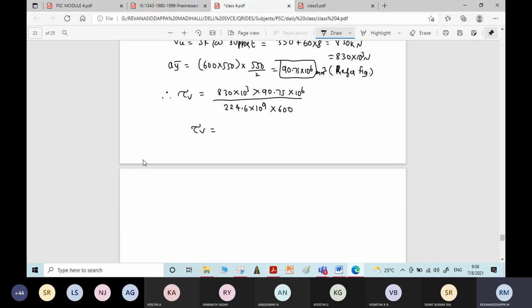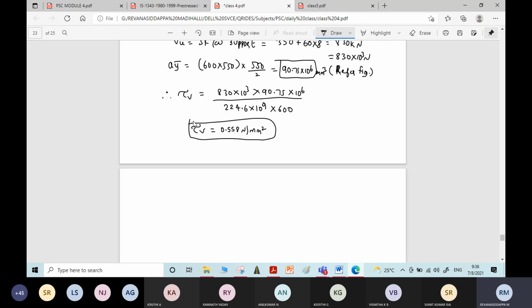How much shear stress? So 0.558 Newton per mm square. Okay, 0.558 Newton per mm square.